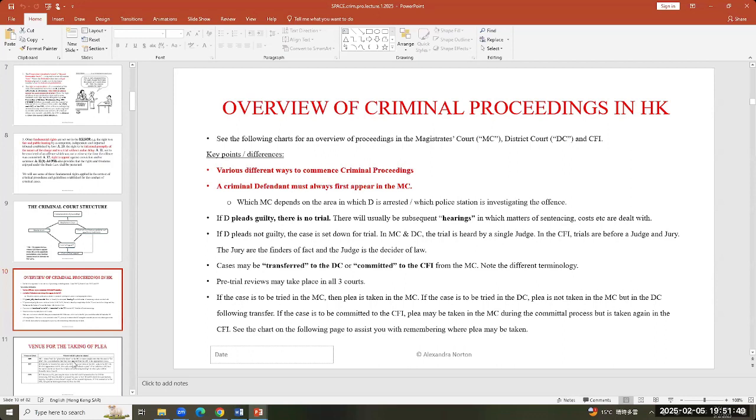And right from the beginning, I want you to get your language, your terminology correct. All cases begin in the magistrate's court, but then depending on the seriousness of the offense, it may either be transferred to the district court or it may be committed to the CFI. So there's a difference in the terminology that we use.